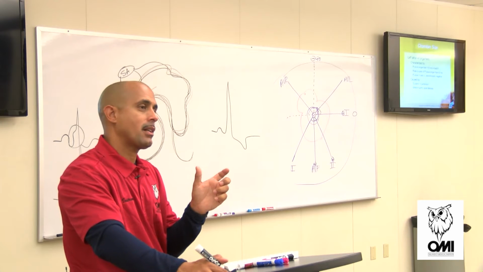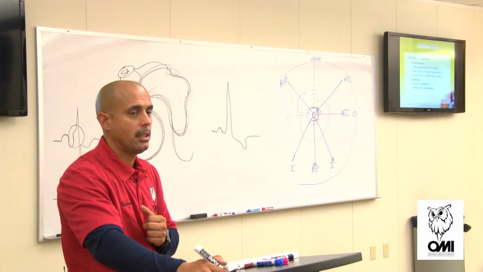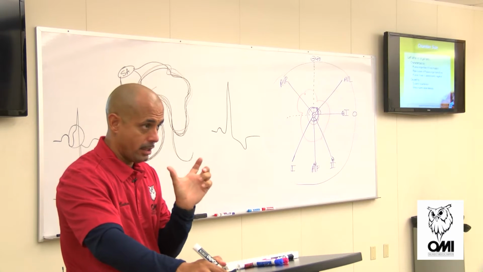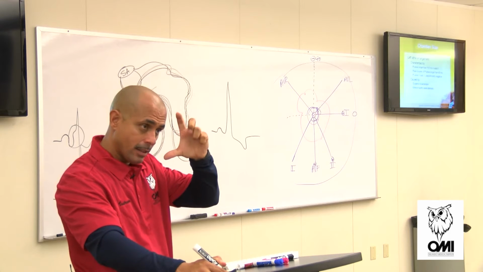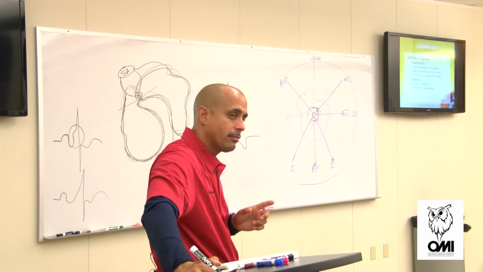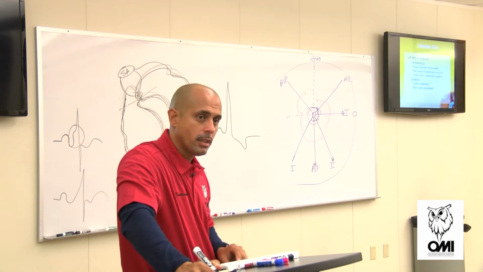So if it's wide, what type of enlargement? Left atrium. If we're talking about height? Right. Very good. And what represents the atrium on ECG? P wave.